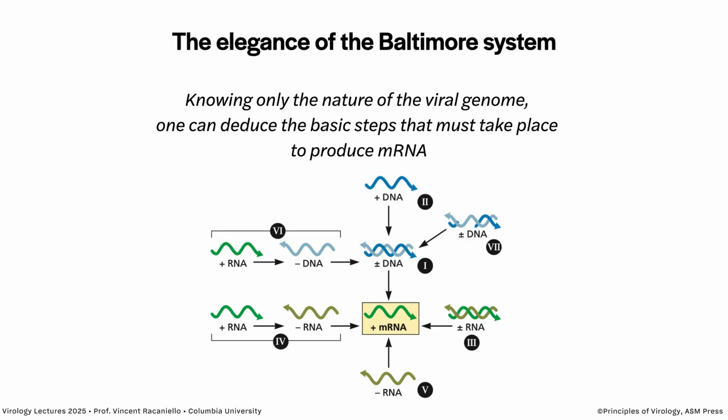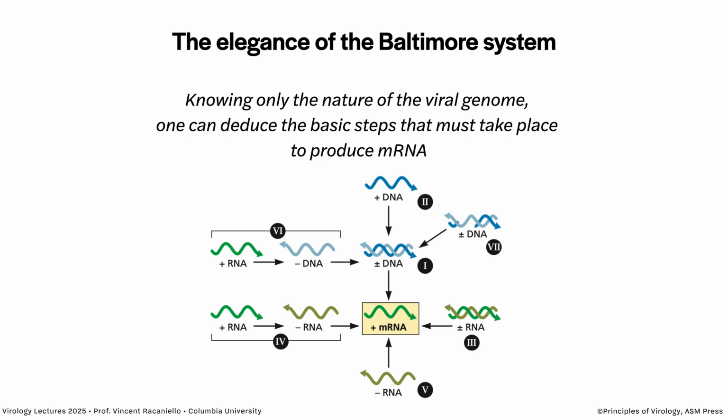So the elegance of this Baltimore system, I think this is a brilliant classification scheme. You only need to know the nature of the genome, single-stranded RNA, gapped double-stranded DNA, and you can tell me the steps that you need to get to mRNA. It's really brilliant.